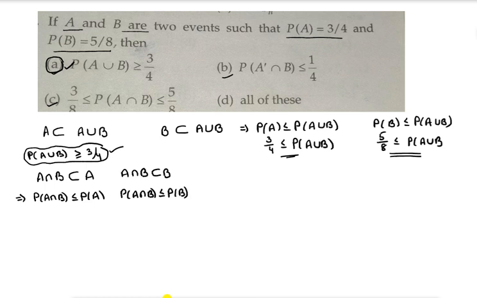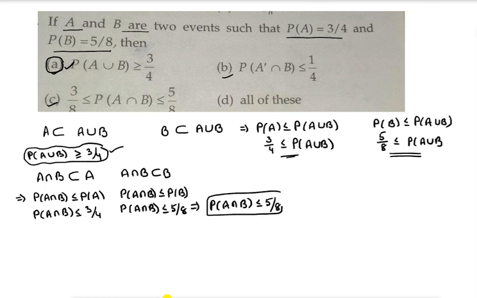But P(A) and P(B) values are given, so from that I can say P(A intersection B) is less than or equal to 3 by 4, and P(A intersection B) is less than or equal to 5 by 8. So from these two we can write P(A intersection B) is less than or equal to 5 by 8.